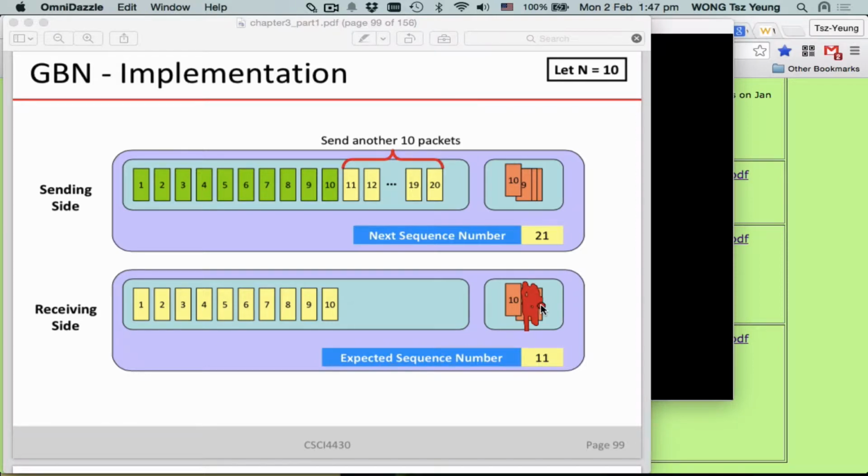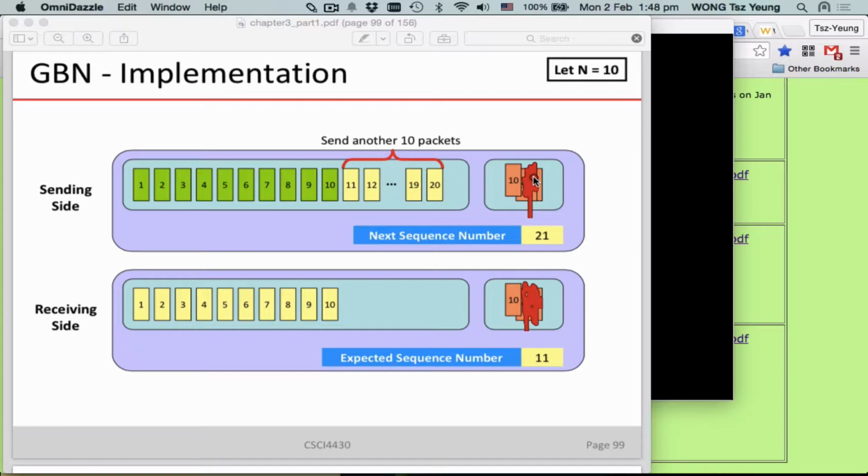All these acknowledgements are being lost. Only one is delivered, it's 10. That means that on the sender side, all these are gone, and only 10 is received on the sender side.